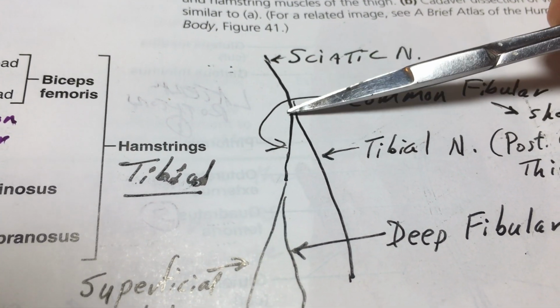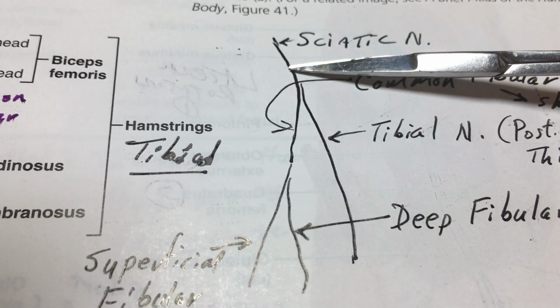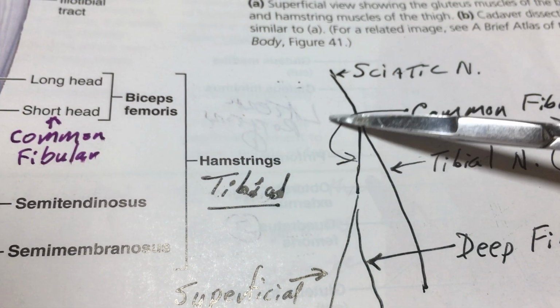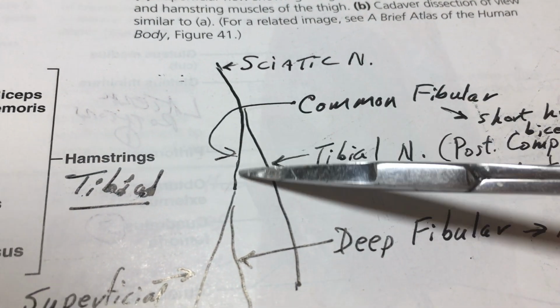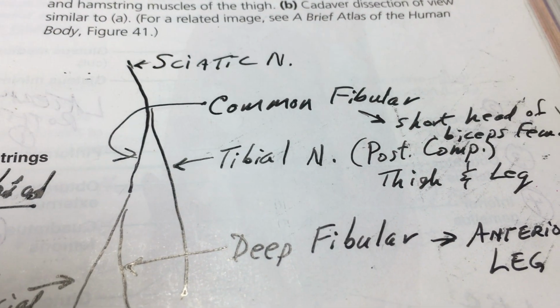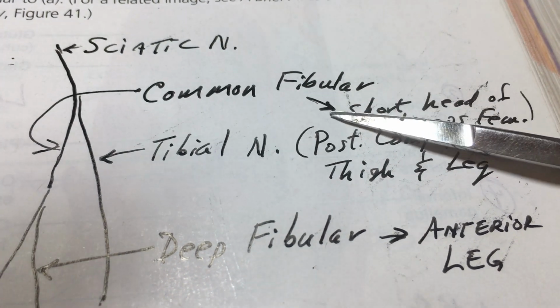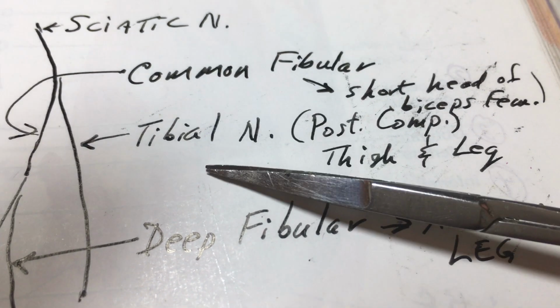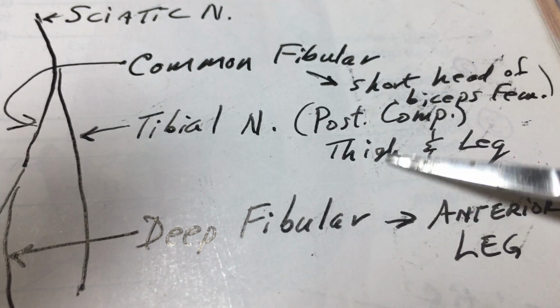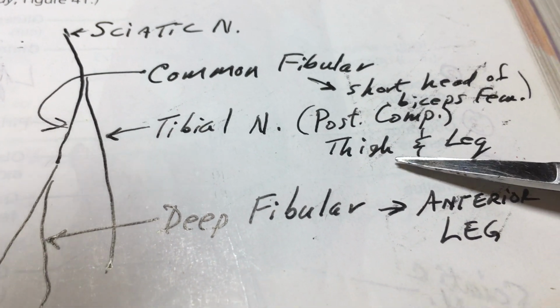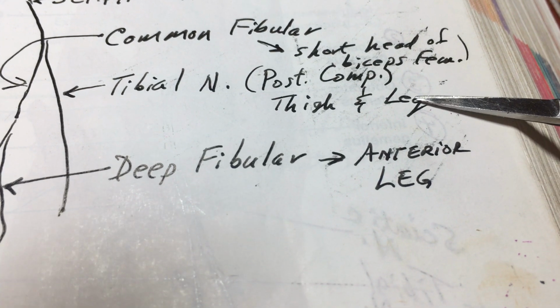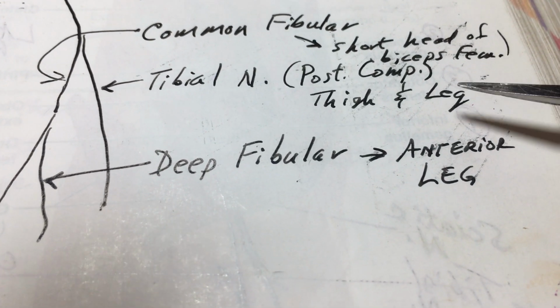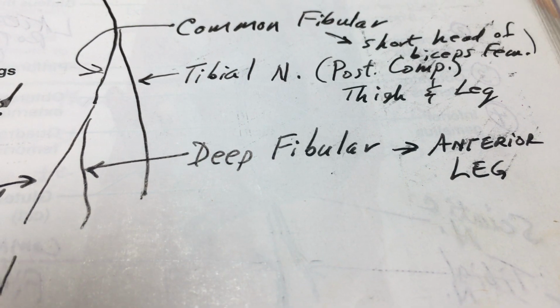Okay, so here we have the sciatic. In this case, I put the tibial on this side, and the common fibular is over here. And I've alluded to where the innervation goes. Fibular is going to take care of the short head of biceps, and then tibial nerve takes care of everybody else in the posterior thigh, everybody in the posterior leg, and everybody in the foot, actually, as well.